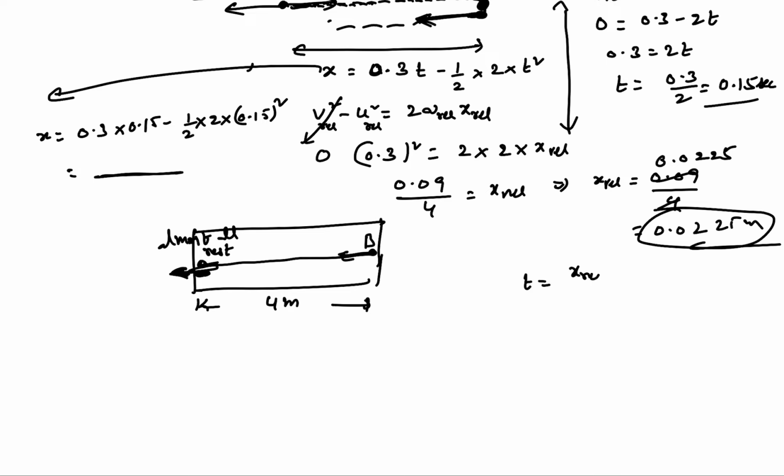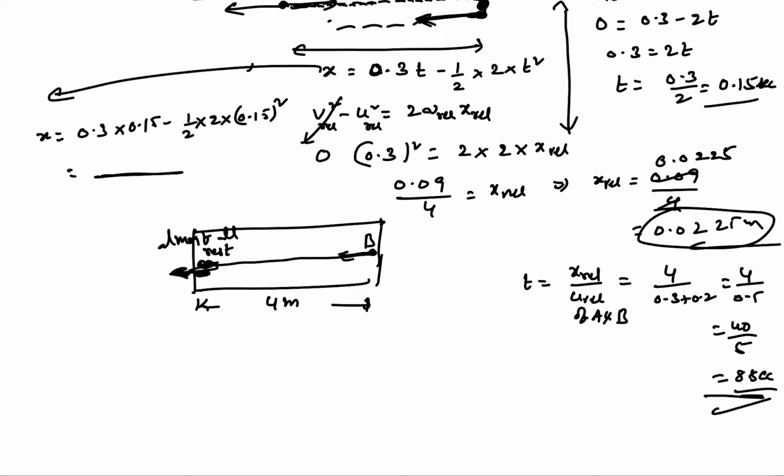We can write time t is equal to x relative divided by the u relative of A and B. X relative is 4, u relative value is 0.3 plus 0.2, that is equal to 4 divided by 0.5. 40 divided by 5 will get 8 seconds. Why? Because A is almost at rest only now. Or this is one of the relations. This may be a possibility.